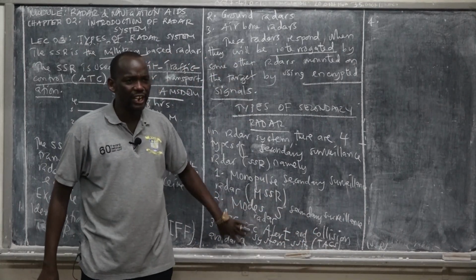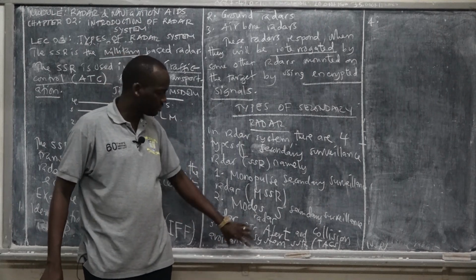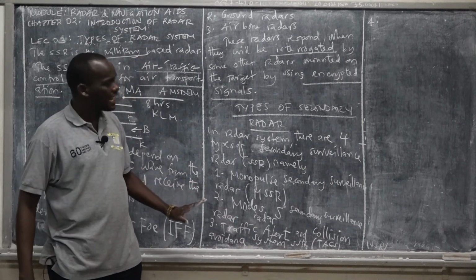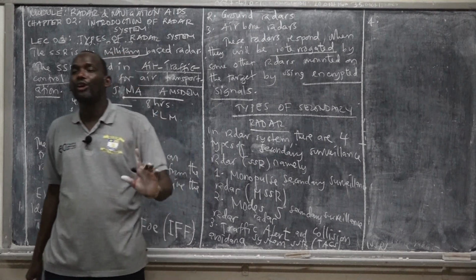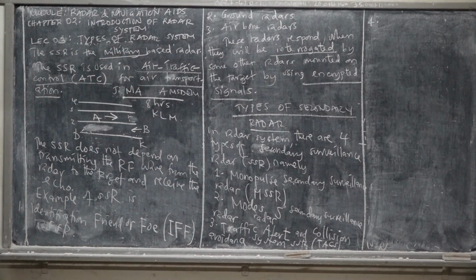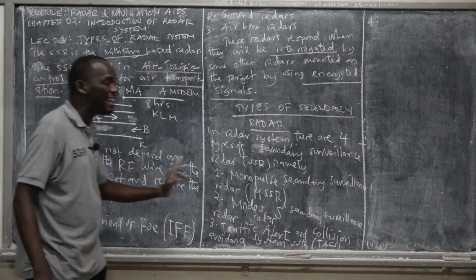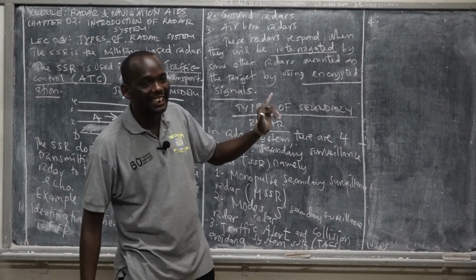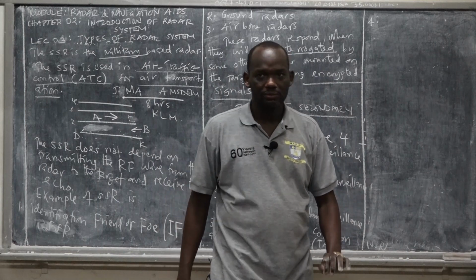This one is very important. This radar is very important to avoid collision. It provides an alert and avoids collision between one target and another target in airspace.